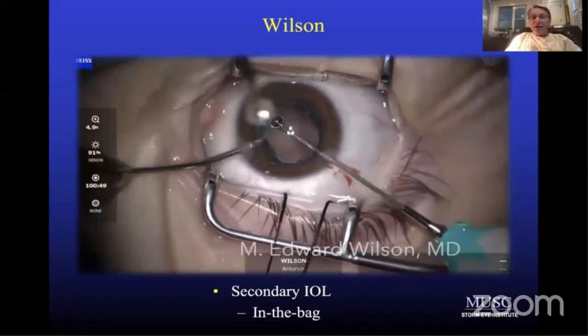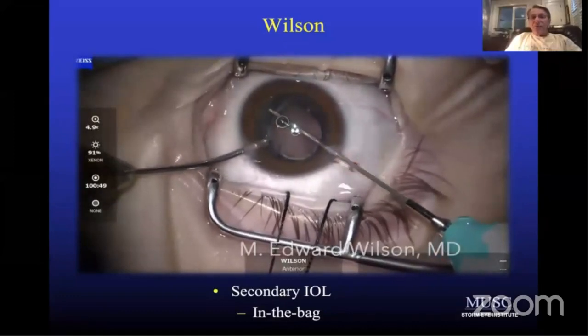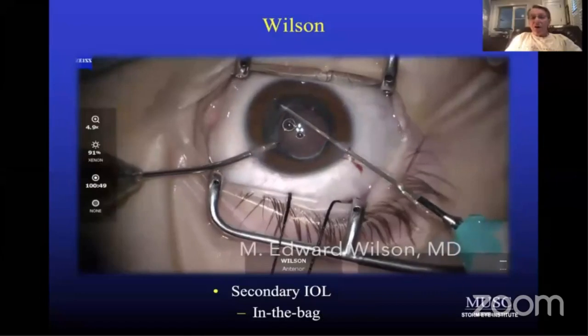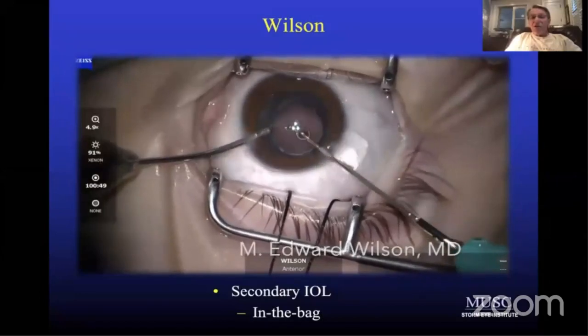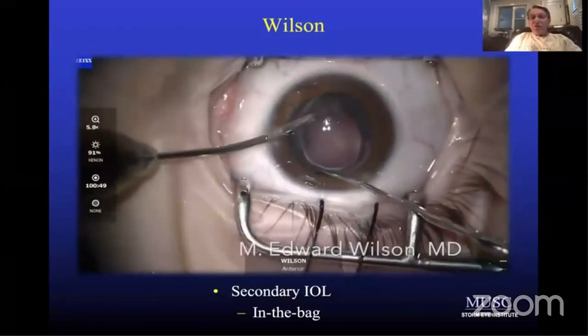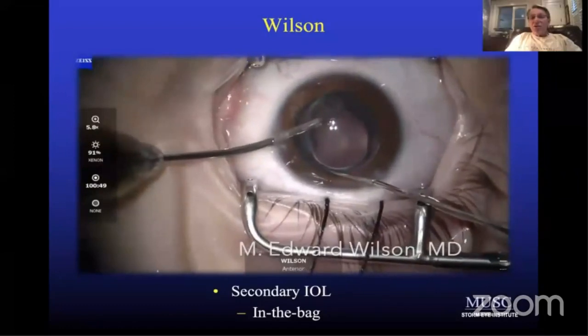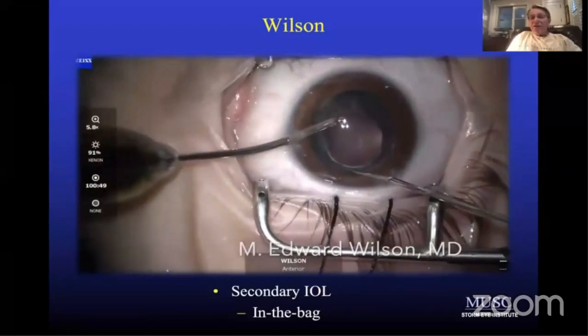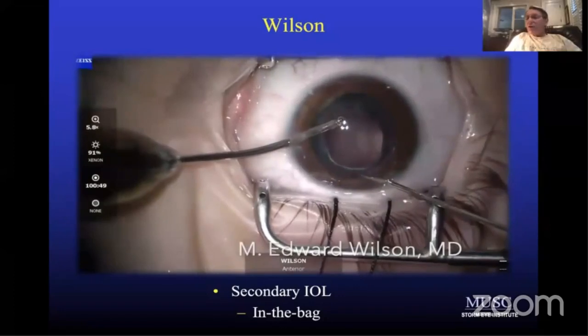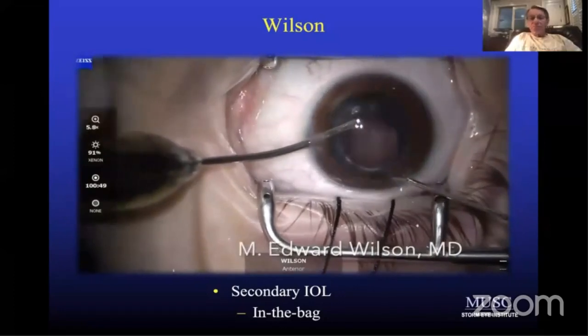Now I use the 25 gauge vitrector after making an initial opening with the MVR blade, and I use that vitrector to make a new opening into the Soemmering ring 360 degrees.